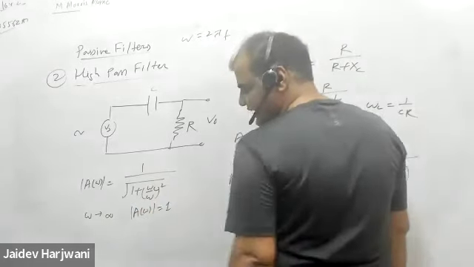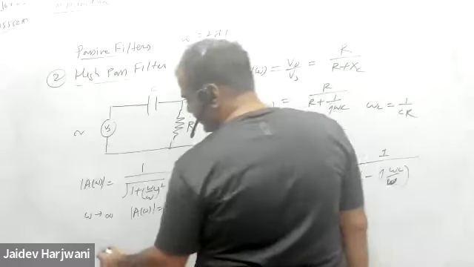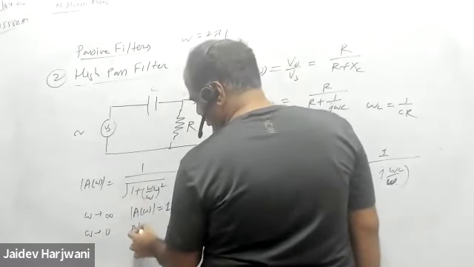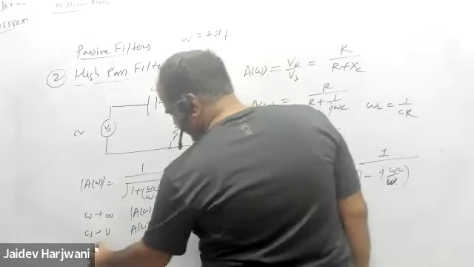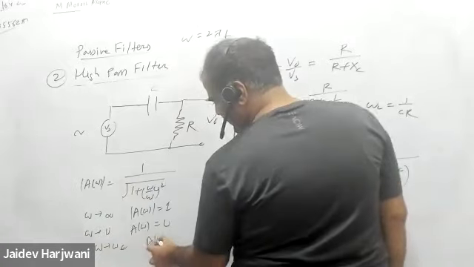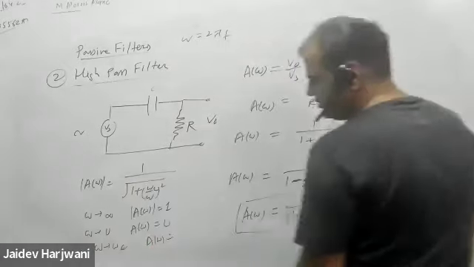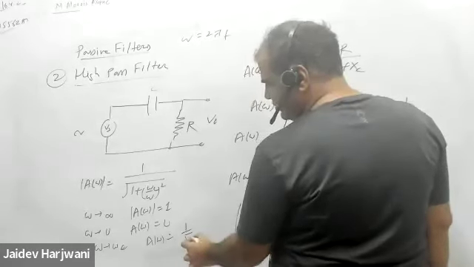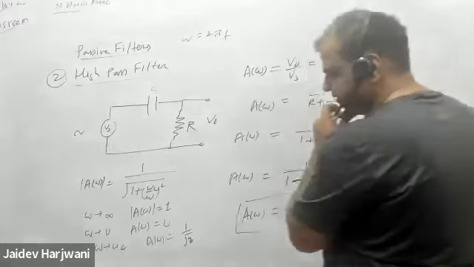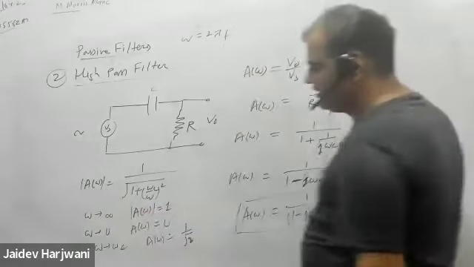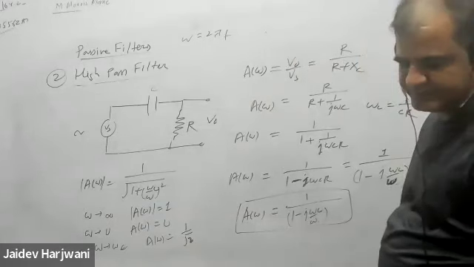High frequency gain is high, high frequency is stable. You go to 0, A of omega will become 0, and if you go omega equal to omega C, gain will become 1 by root 2, that is 1 by root 2 of the gain at infinite frequency.